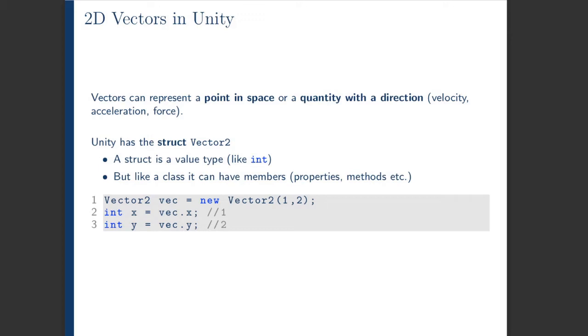So for example, a struct can have properties. It's kind of like a cut down version of an object. So the Vector2 struct we can define using the new keyword. We can create a new struct, vec, and give it the x and y values when we create it. And then we can use the dot notation .x and .y to retrieve the x and y components.